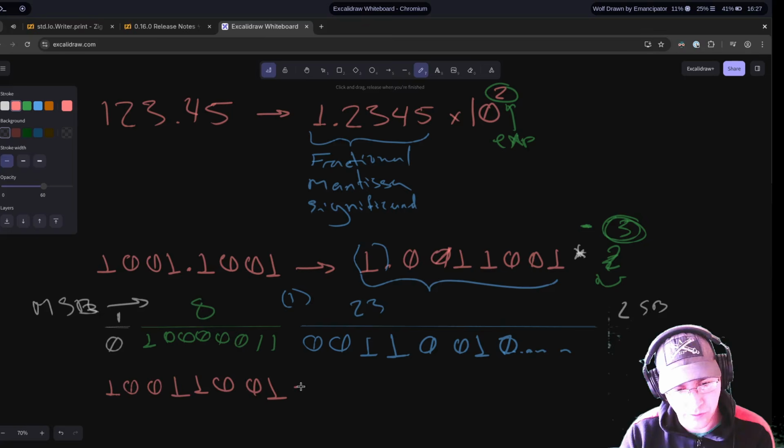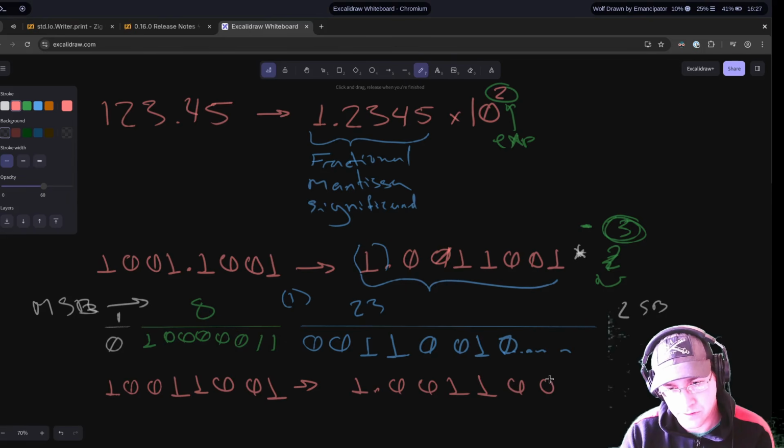If this was your number, you notice that you could encode this in scientific notation as 1.0011000 times 2 to the, and how many times do we move it over? 1, 2, 3, 4, 5, 6, 7. 2 to the 7th.